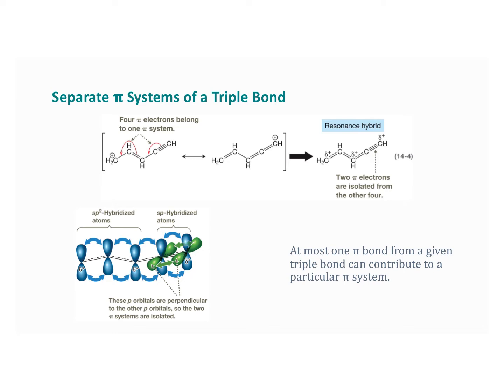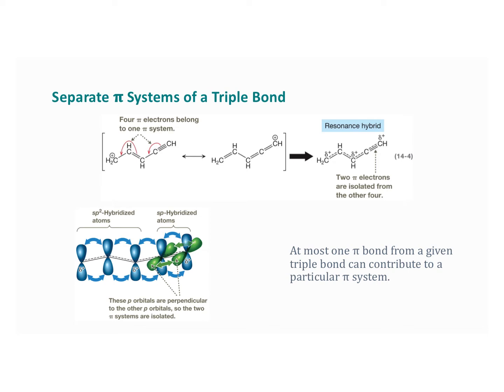So we've got a pi system where the electrons are delocalized, but these two here that make up the double bond, because we started with a triple bond, are isolated from all the rest.